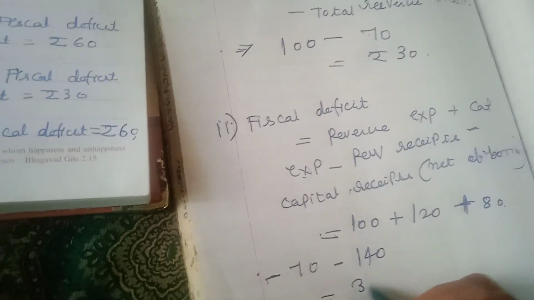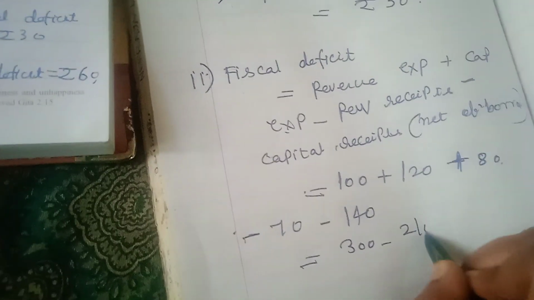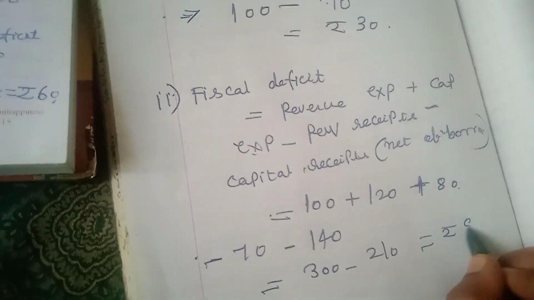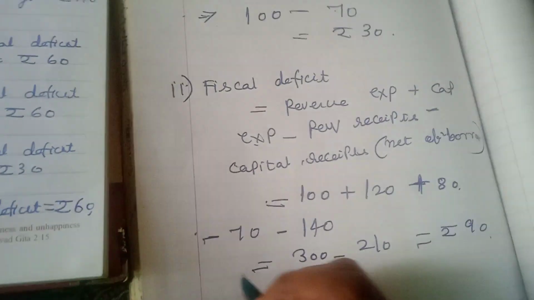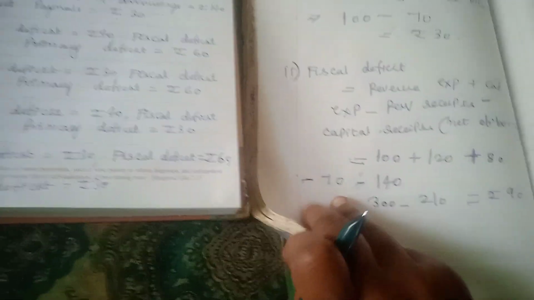So while we calculate we get rupees 90. Fiscal deficit is equal to rupees 90.